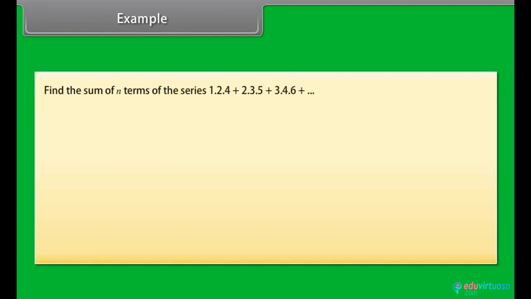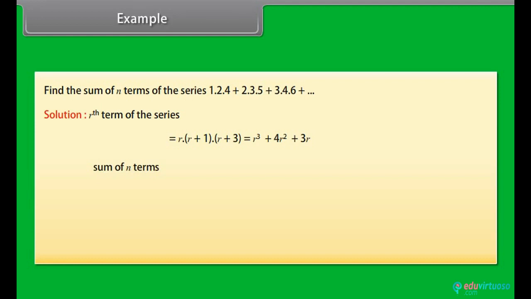Example: find the sum of n terms of the series. Solution: the rth term of the series is equal to the sum of n terms equal to summation from r equals 1 to n of r cube plus 4 times summation from r equals 1 to n of r square plus 3 times summation from r equals 1 to n of r, which is equal to.